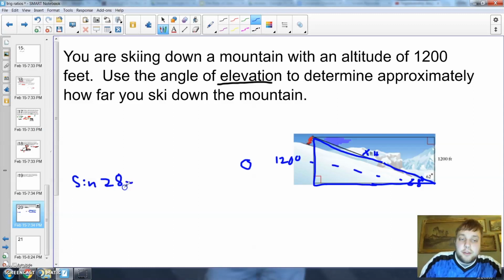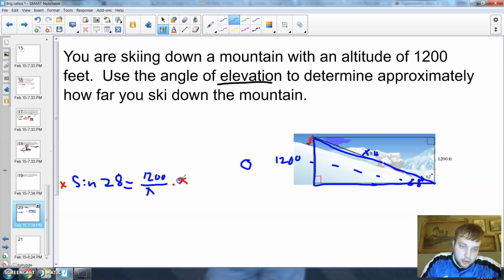So sine of 28 should equal the opposite, which is 1200, all over my hypotenuse, which is x. We're almost done, guys. Now remember, this is the weird one, because x is in the denominator, so I need to get x out of the denominator by multiplying by x on both sides.